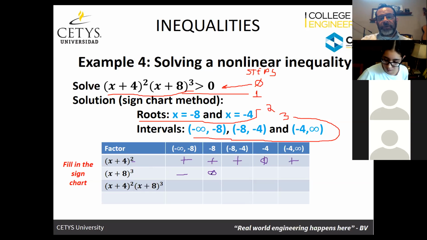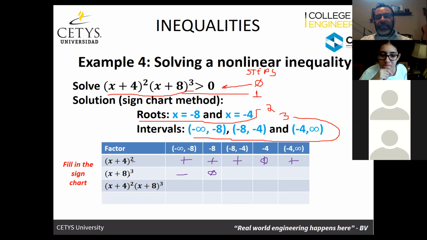Let's keep going. What happens if I substitute anything from this interval, minus 8 to minus 4? Grab any number. Positive. Let's see, choose a number, please. Minus 5.